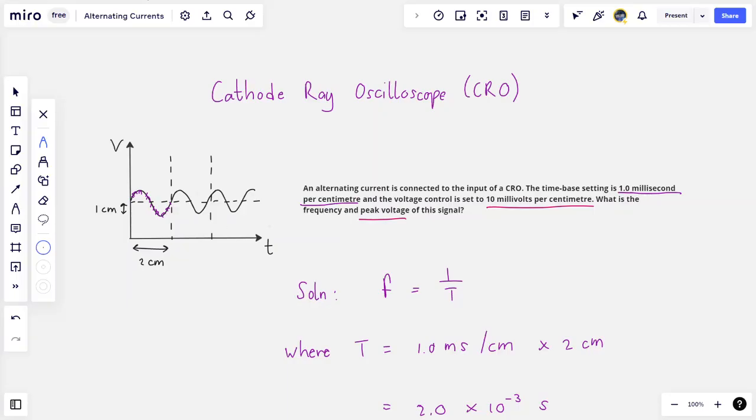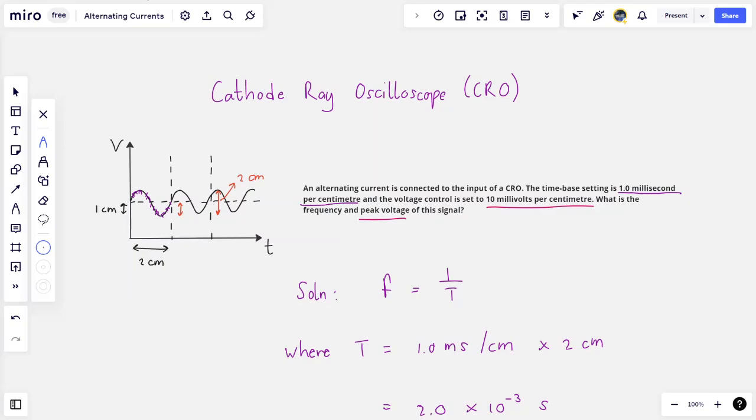Now, I can see that going halfway from peak to equilibrium is 1 centimeter, which means that going from peak to peak is 2 centimeters. Now, ideally, I drew the diagram in a very specific way to label this 1 centimeter, but it wouldn't be that easy for you.